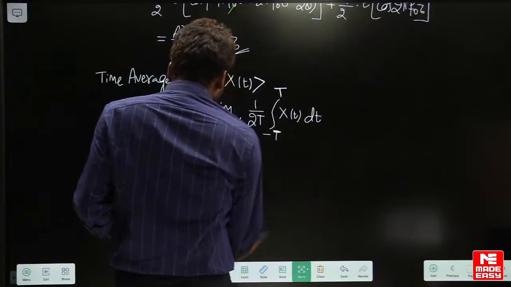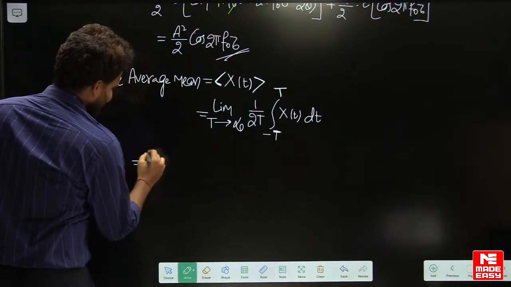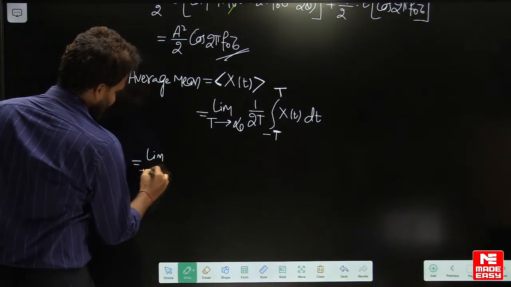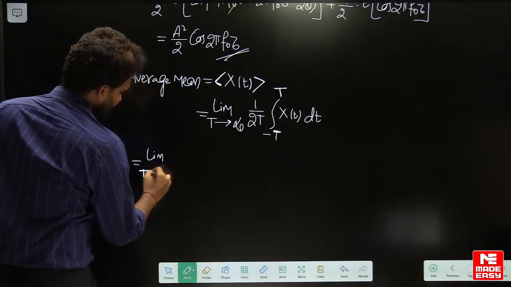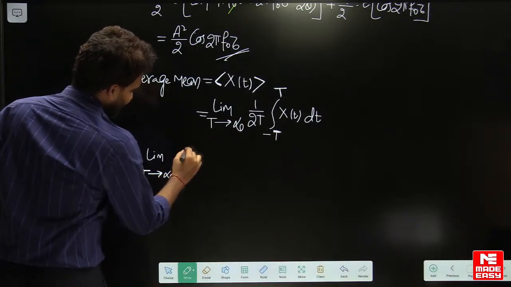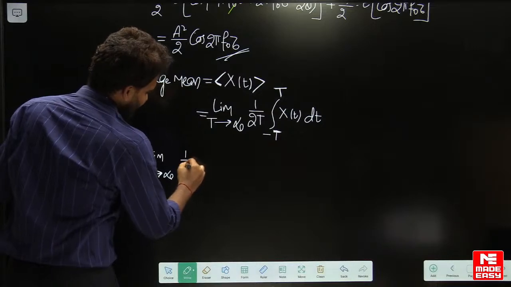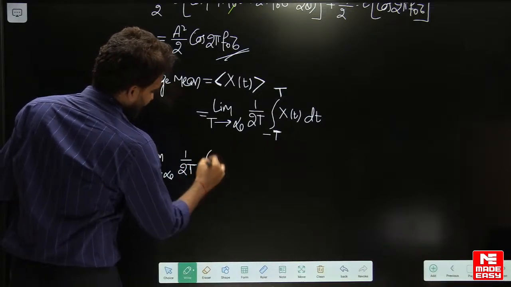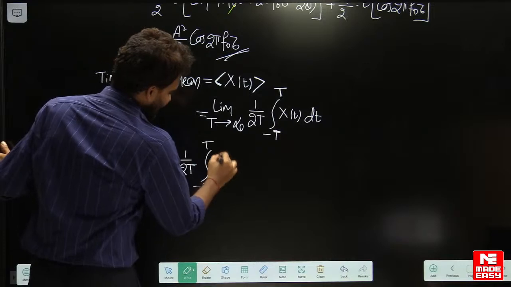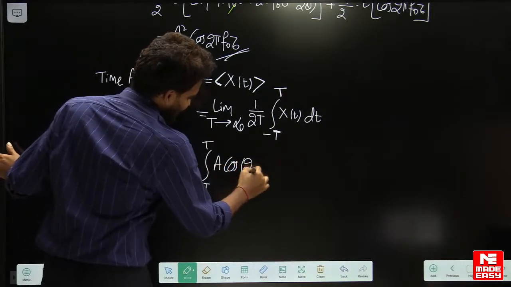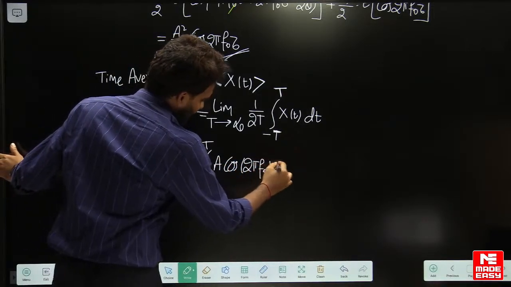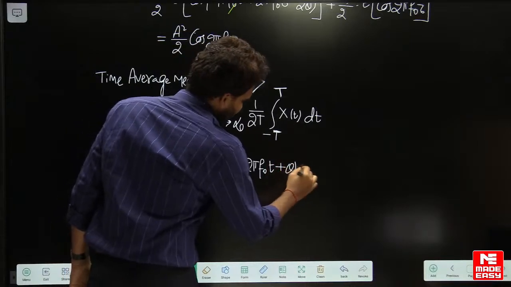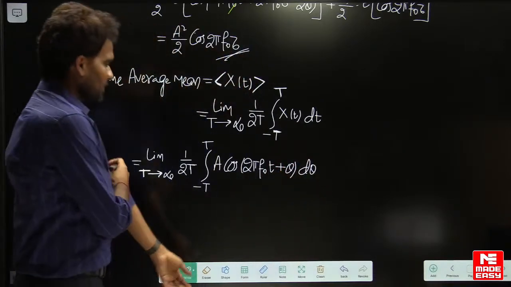Now let me find this. So this is limit T tends to infinity, 1 by 2T, integration from minus T to T, where xt is A cos 2 pi f naught t plus theta, d theta.